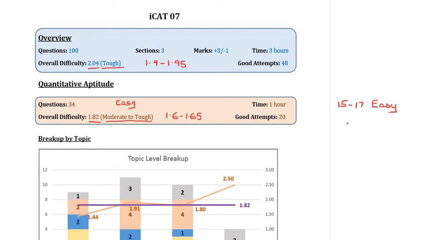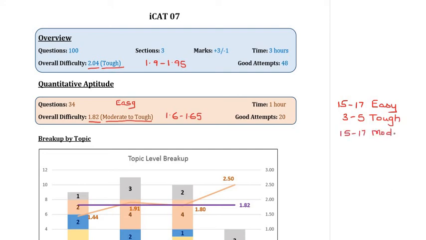Your mock can even have 25 easy questions. Your mock can have just 5 easy questions. So we cannot go and catch hold of the CAT authorities if the mock is different from this kind of a pattern. But typically we've seen 15 to 17 easy questions, 3 to 5 tough questions, and the rest of the questions can again be classified as moderate.